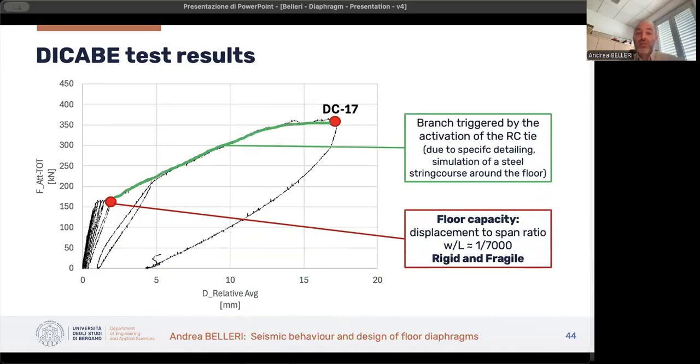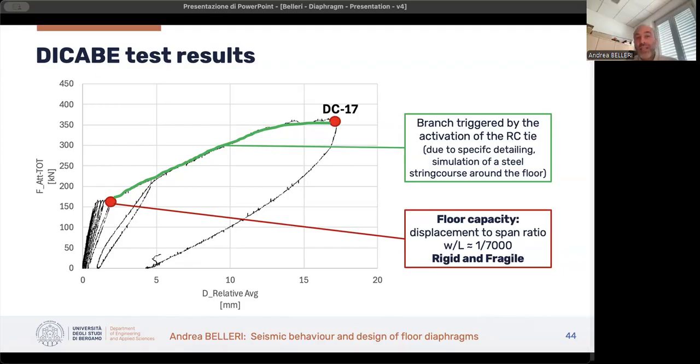Then, thanks to some details, in particular the provision of some additional rebars in the course, which could simulate a steel string course around the floor, this detail triggered the activation of the reinforced concrete tie and the development of another mechanism.